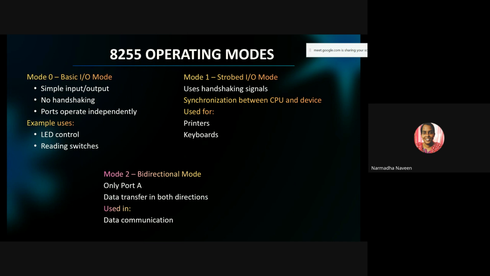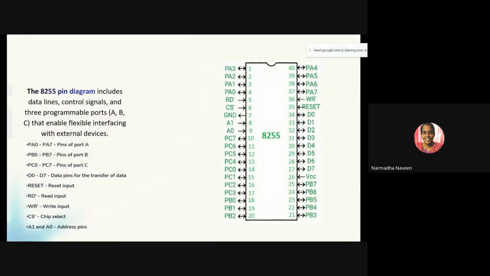For example, in a network connection, when a high amount of data has to be transferred in a bidirectional way, it operates in mode 2, which is bidirectional. So these are the different modes of operation for the 8255.